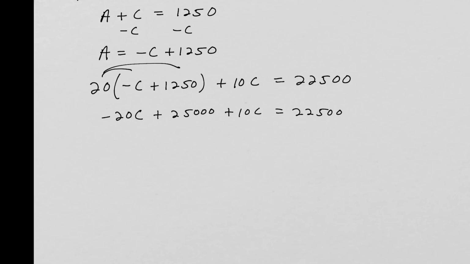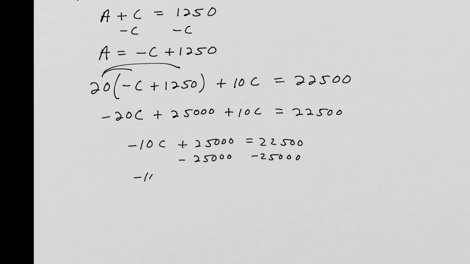Okay, I can combine like terms, right? So negative 20C plus 10C is negative 10C. I still have a plus 25,000 is equal to 22,500. And now I can subtract 25,000 from both sides.